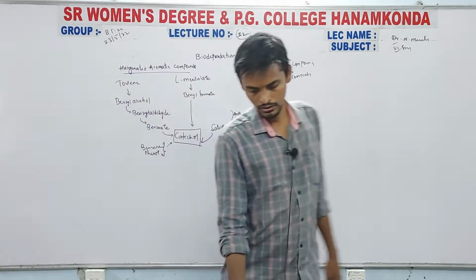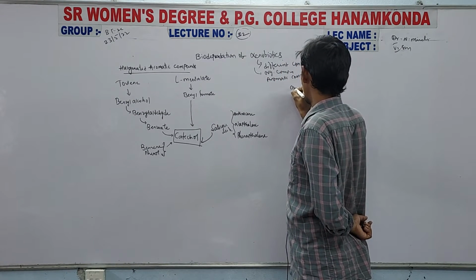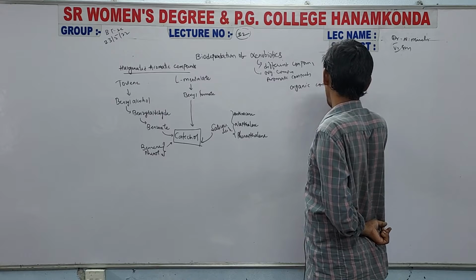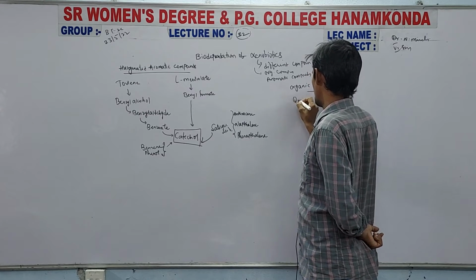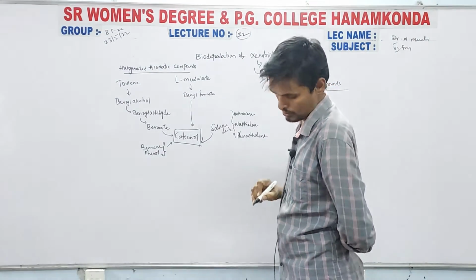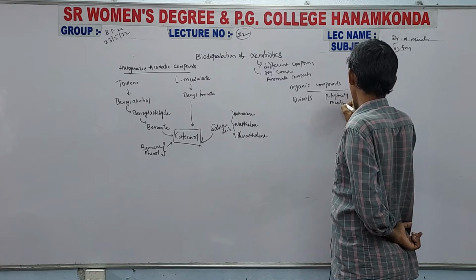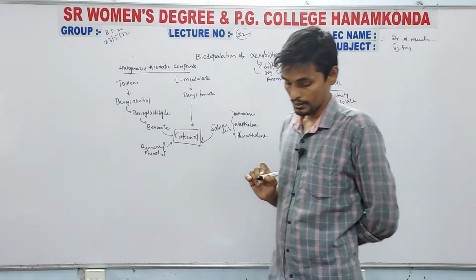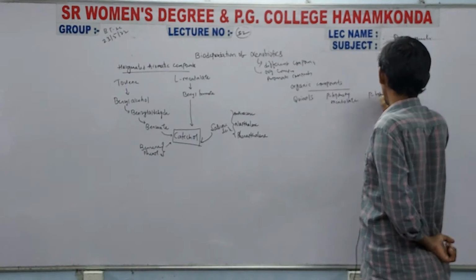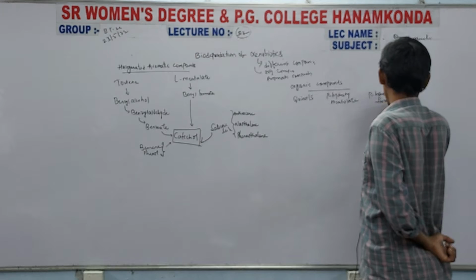Next, if you go for degradation of organic compounds, so if you take examples like quinate or quinols, p-hydroxymandelate, p-hydroxybenzyl formate, benzyl formate.